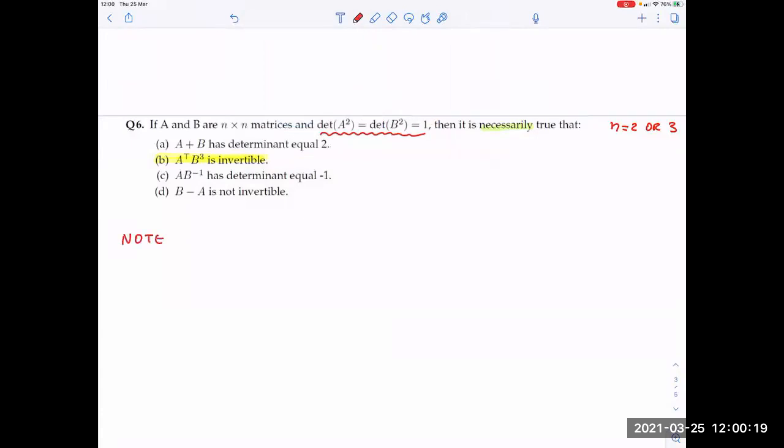A quick note is that the determinant of A squared is equal to the determinant of A, everything squared. This is something you can check, for example, for 2 by 2 matrices, and we will see it in general.